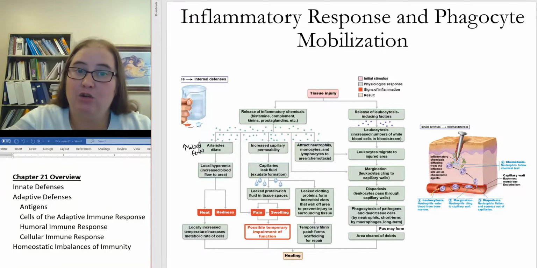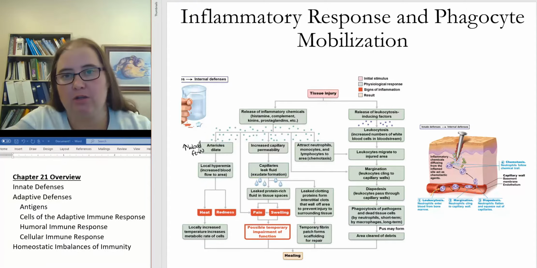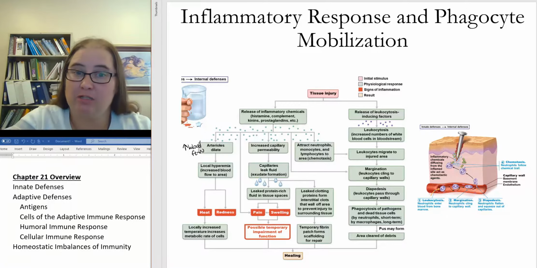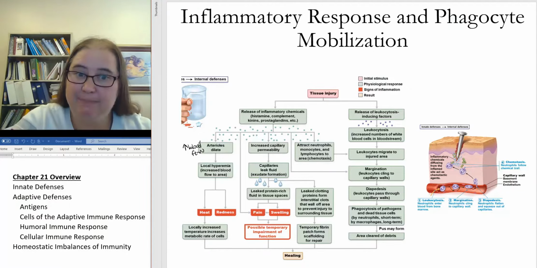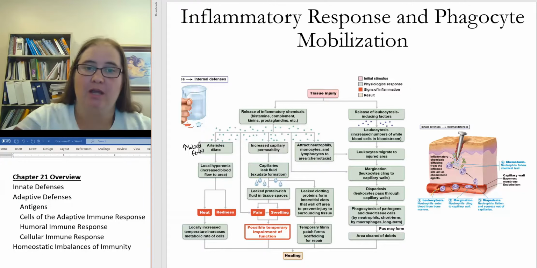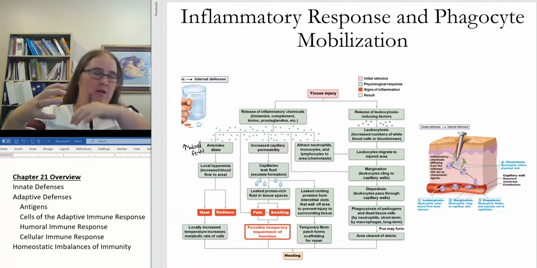We get increased capillary permeability. Remember, our arterioles are controlling the flow in. So not only do we increase the flow in, but we increase the seepage out of that capillary. That seepage out, which is called exudate formation, is where we get that swelling.